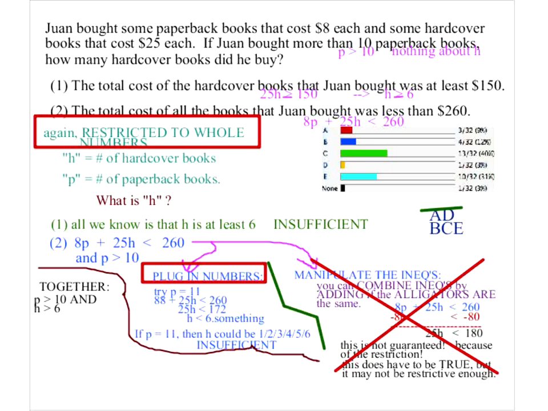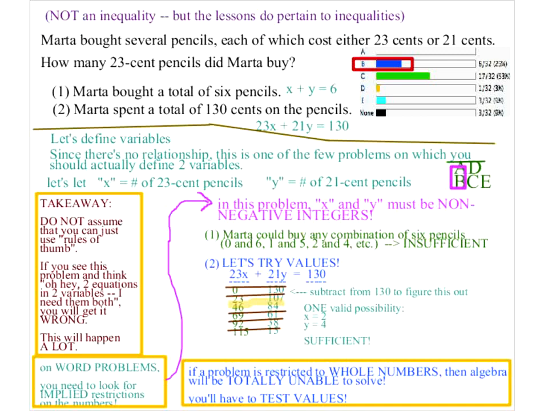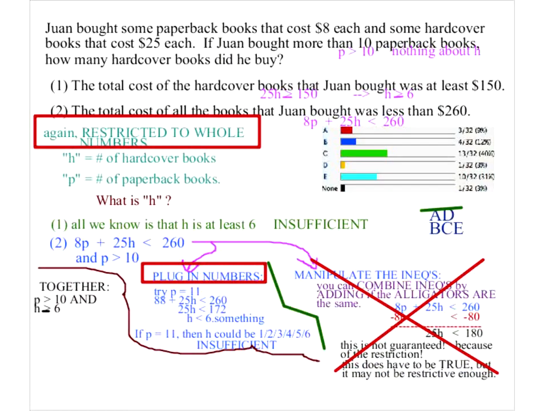Let me make that a true statement by adding a line here. Again, it's just like here. If a problem is restricted to whole numbers, you've really got to approach it by testing values. It's like we said down here. So let's do that. Let's try P equals 11 first.